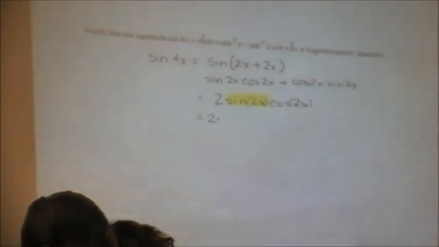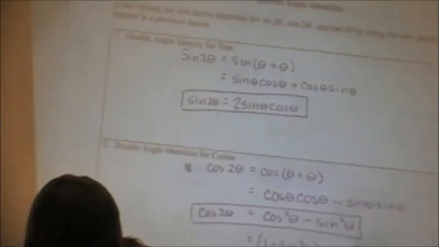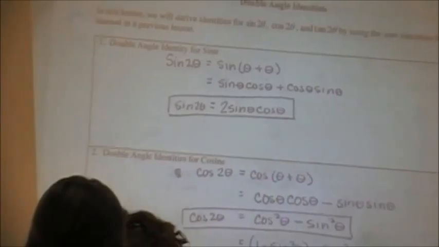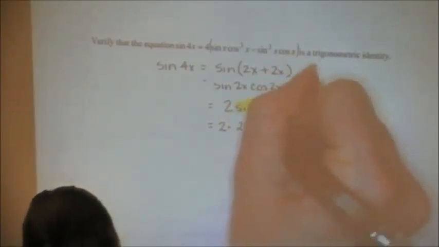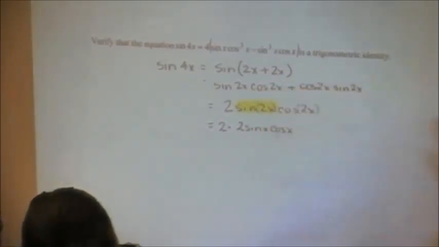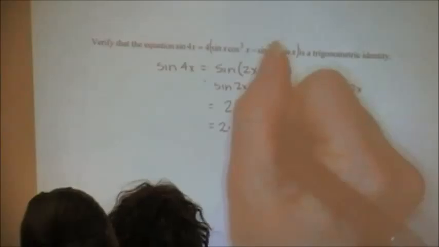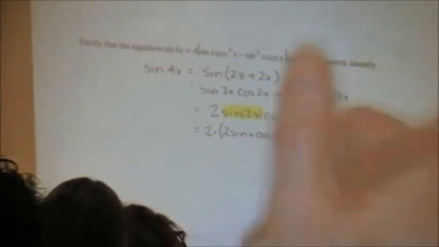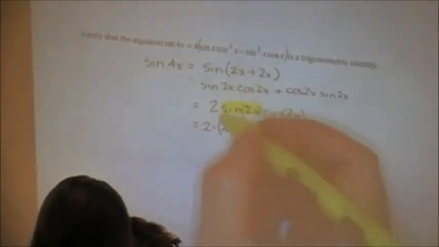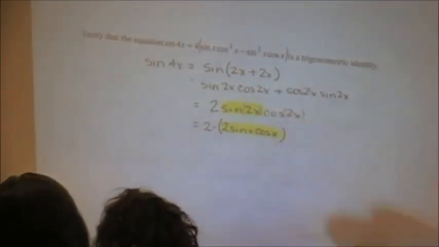I'm fixing just the sine right now, using 2 sine theta cosine theta, but it's gonna be x. So 2 sine x cosine x. Okay, so this replaced that.